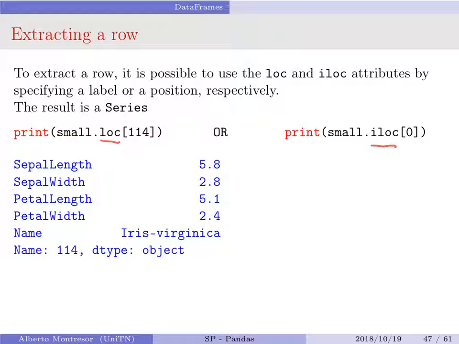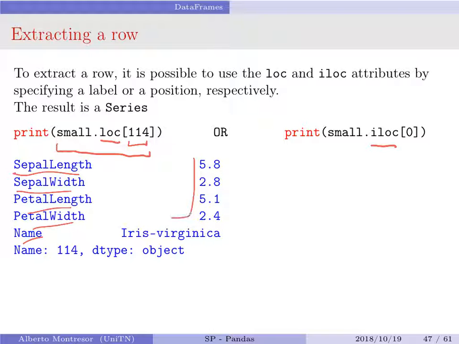Okay, so if I get the loc 114, this was the first line in the small data set, and if I print this row, what I get is actually a series which has been rotated 90 degrees, because you get sepal length, which is the name of the first column, sepal width, second column, third column, fourth column, and fifth column, name.